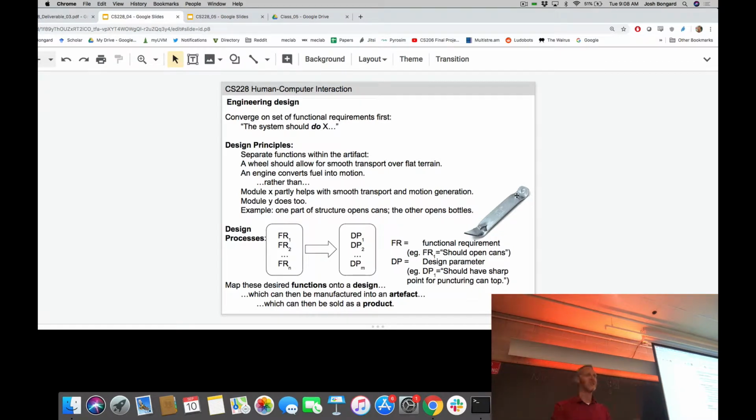We want to take these implicit assumptions and implicit constraints that we've now introduced to our product or our design and make them explicit. The system can open bottles and cans, but it is not required to open both at the same time. We may loop back to our requirements and rewrite our requirements.